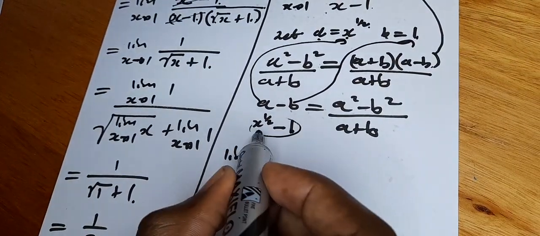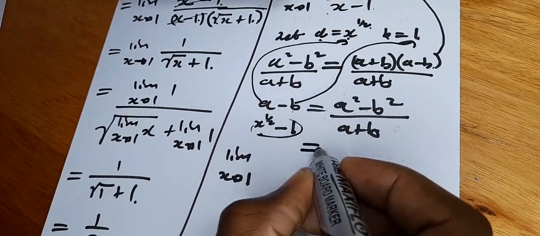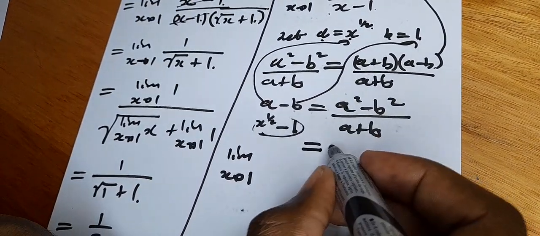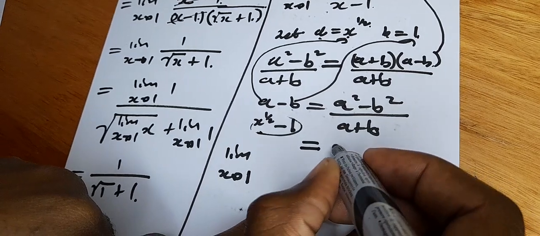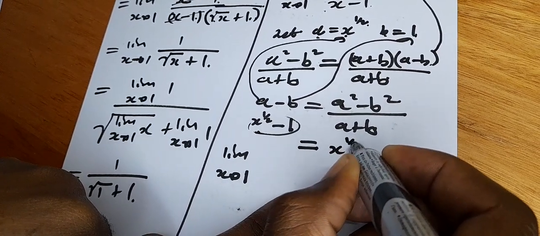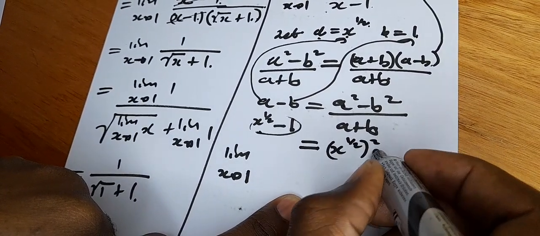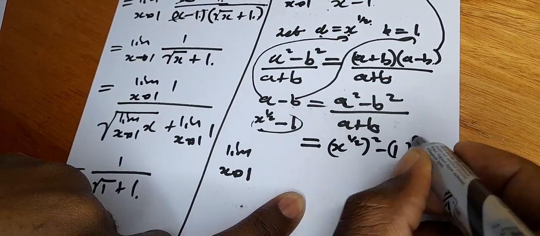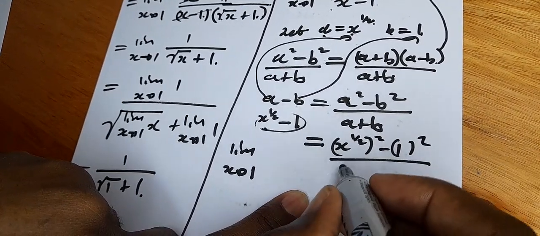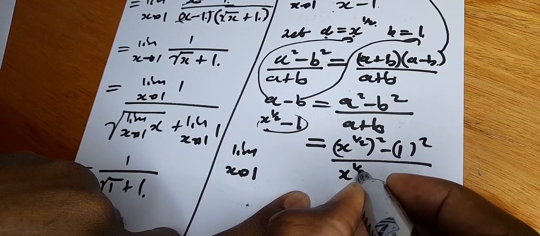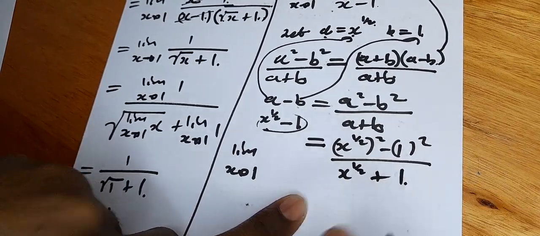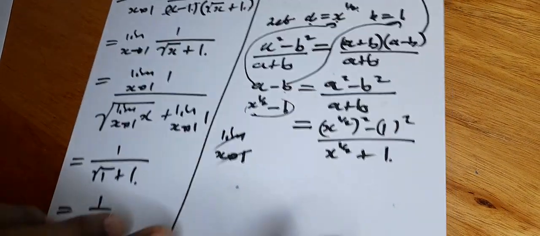Then it's the same as this one. Now we substitute: a is x to the 1 over 2, all squared, minus 1 all squared, all over x to the 1 over 2 plus 1. Okay, let me remove this one.